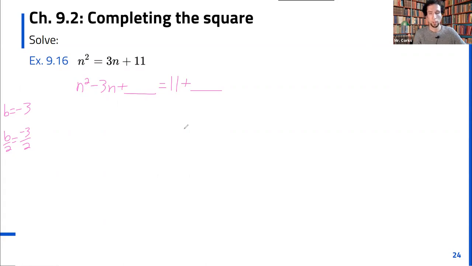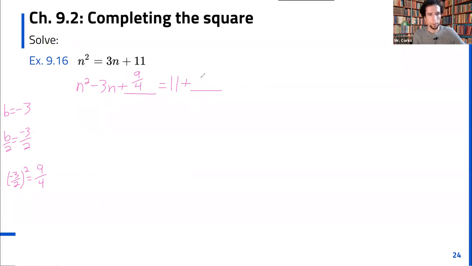I've just made that up to help explain it. So -3/2, and then we want that squared. -3/2 squared. -3 squared is 9. 2 squared is 4. So it looks like 9/4 here.